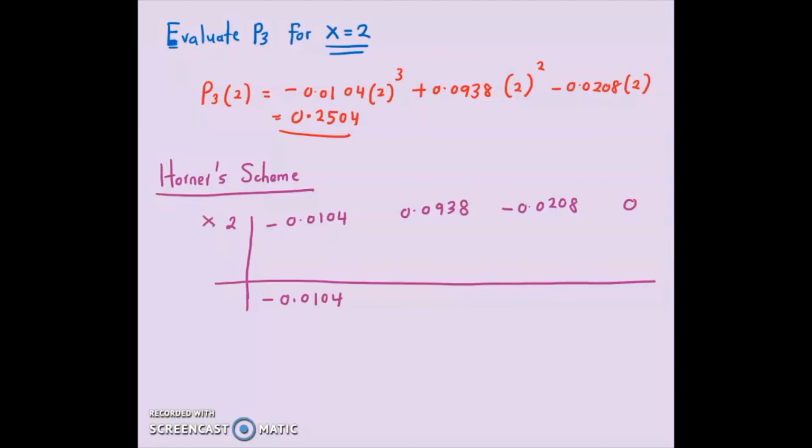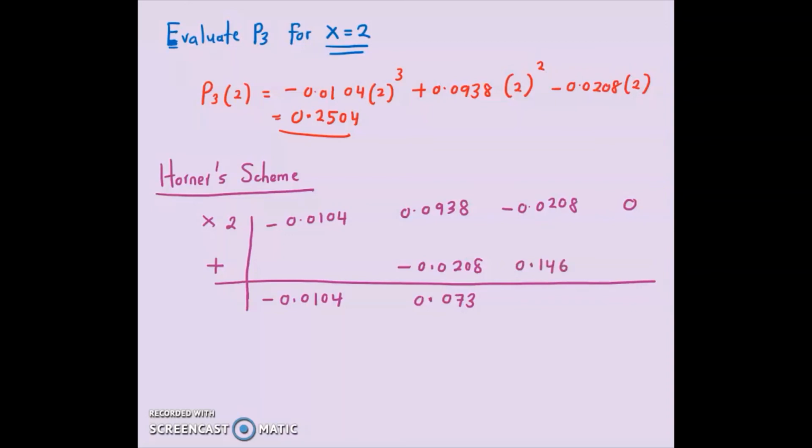Negative 0.0104 times 2. I'm going to write it here, negative 0.0208, and add these two values. 0.0938 plus negative 0.0208. Add these two will give me 0.073.